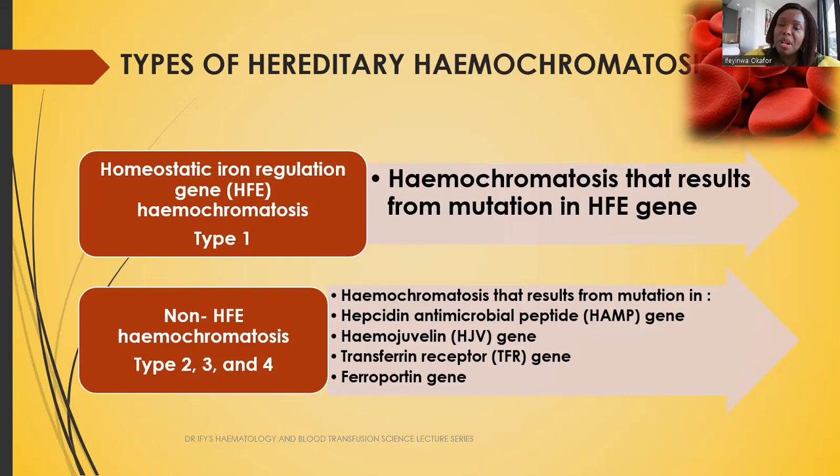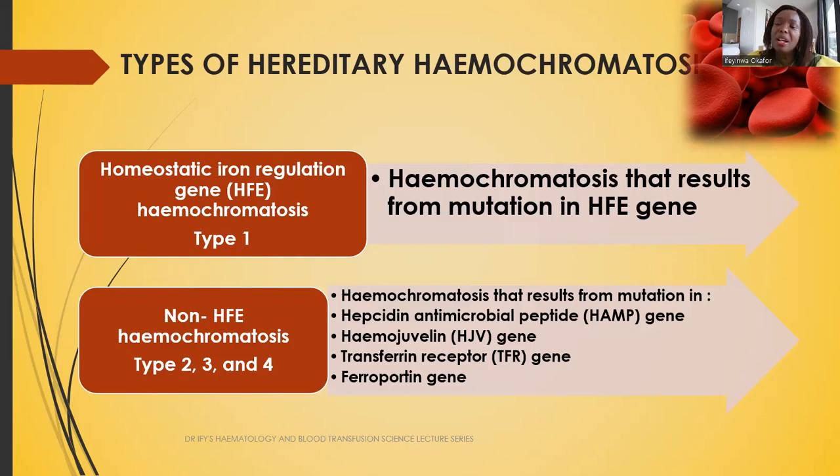It is hemochromatosis that occurs as a result of mutation in the HFE gene. The HFE gene is a homeostatic iron regulation gene. A mutation that occurs in this gene causes HFE hemochromatosis, which is also called type 1 hemochromatosis.